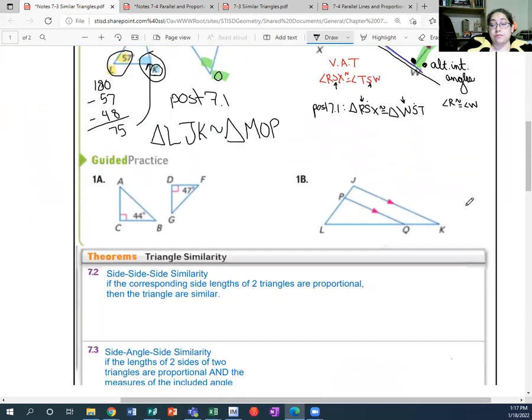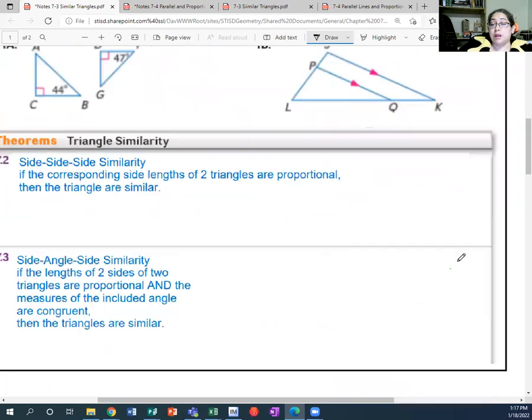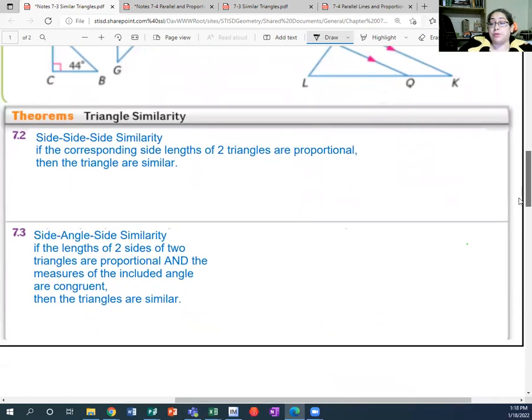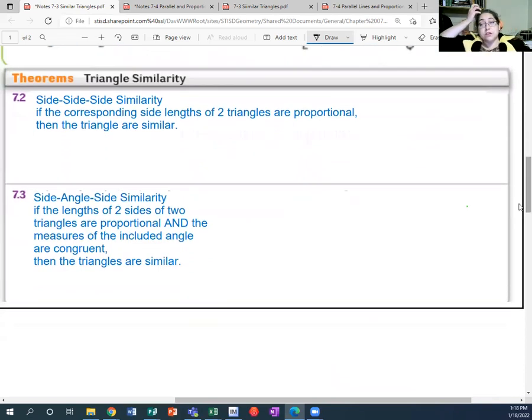Cool. We have two theorems when it comes to triangle similarity, two other ways that we can show triangles are similar, so we don't have to just rely on the angles. We can use things that feel familiar from our triangle congruence days. The first theorem for triangle similarity is side, side, side.